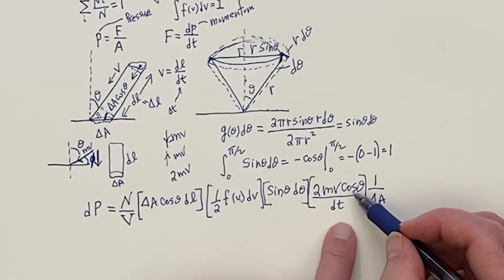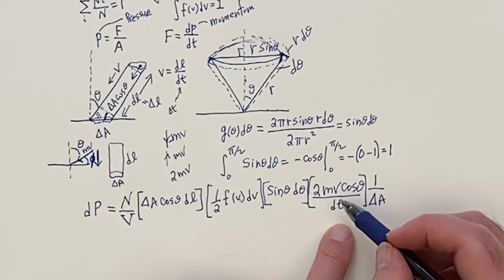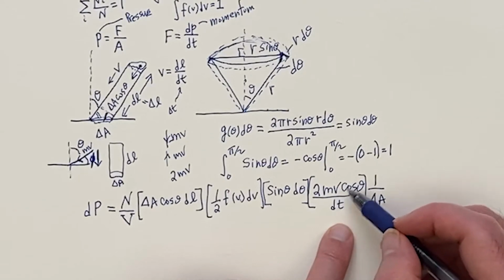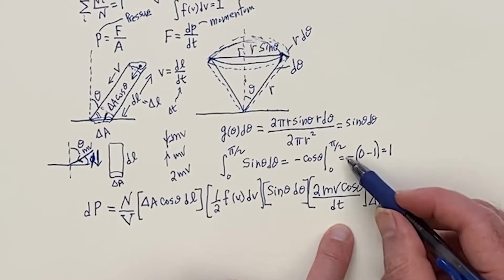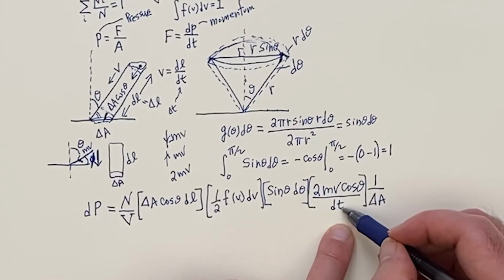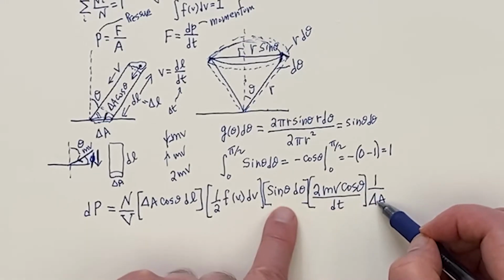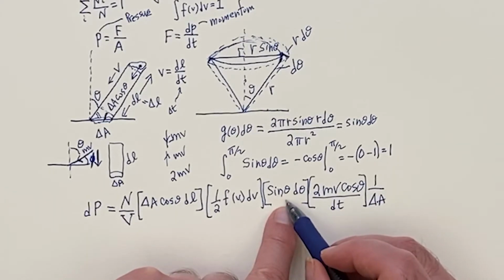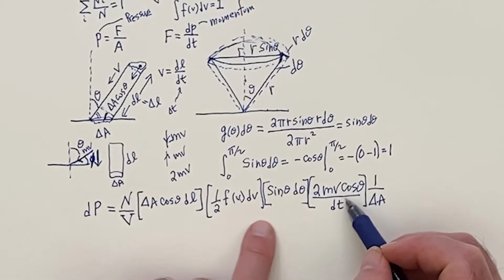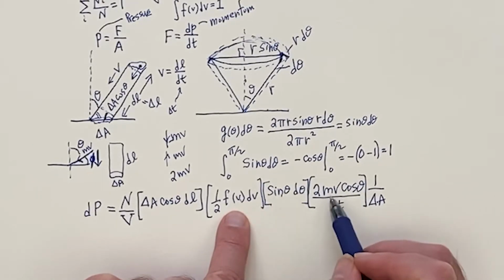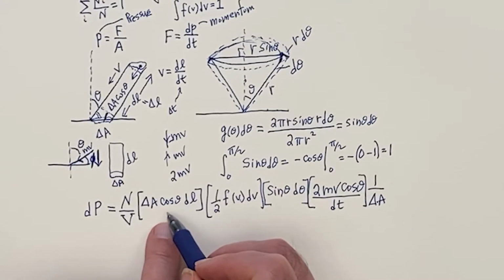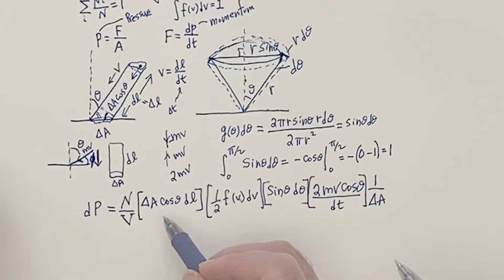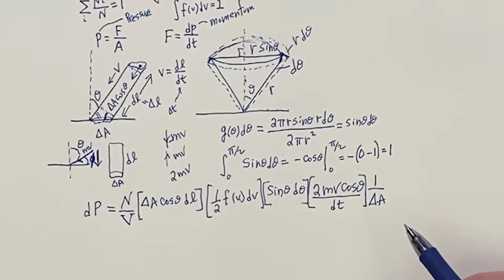This is the key part: one particle is going to give a change of 2 mv cosine theta in the time frame delta t. Then you divide by the area. This is the probability that you indeed have that angle, and this is the probability that you indeed have that velocity. And then this is the number of particles that are available with those conditions. So it's a nice theoretical setup.